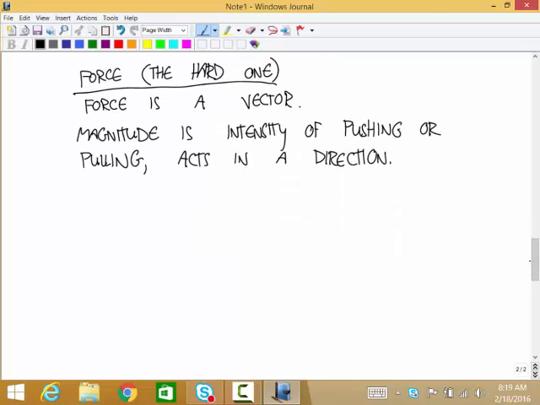You can think of force as defined by Newton's second law. And Newton's second law is the most important equation that we're going to have in this class.